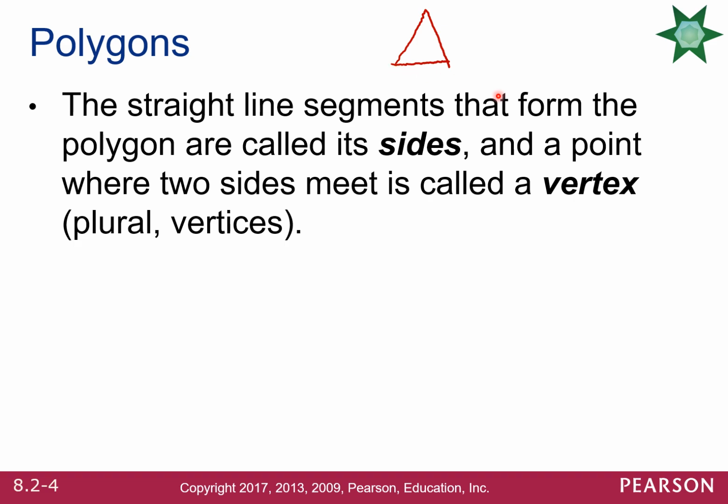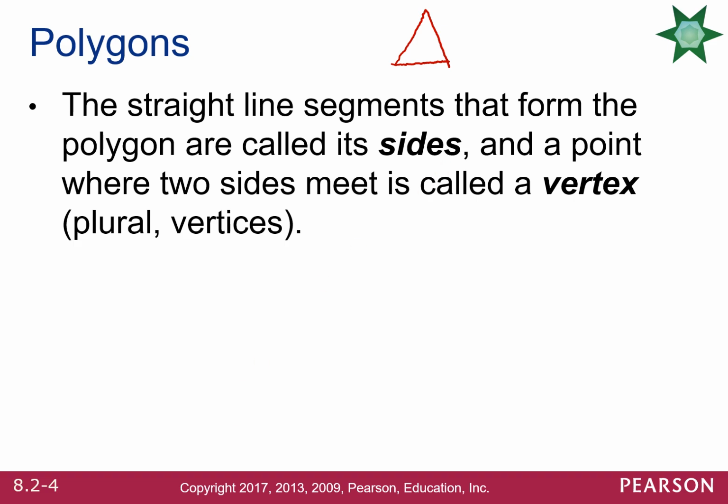So a triangle has three sides with three vertices. All right, so the plural of vertex is vertices. And that'll always be the case. The number of vertices will be the same as the number of sides in a polygon.